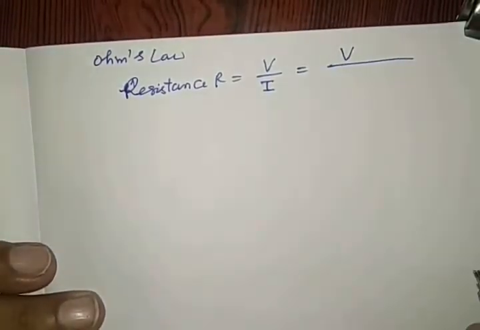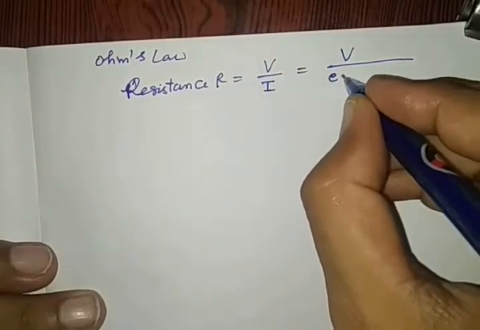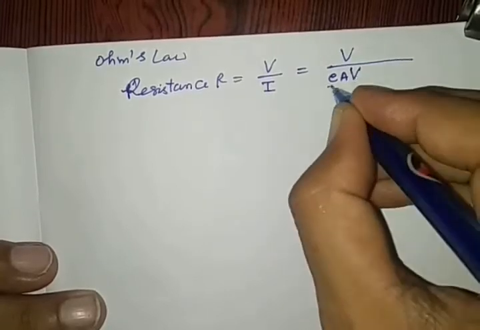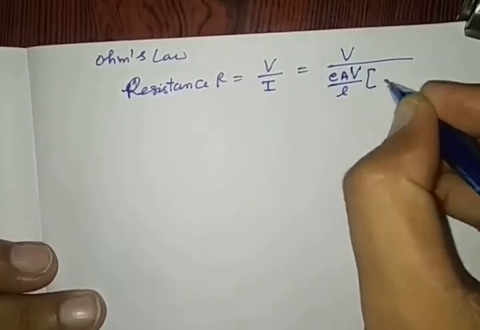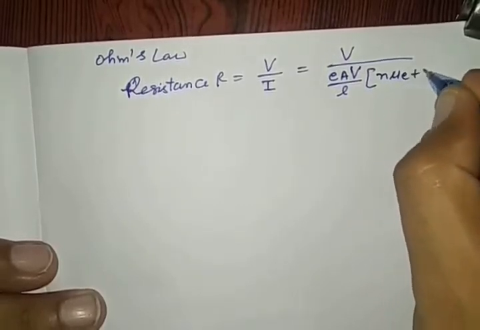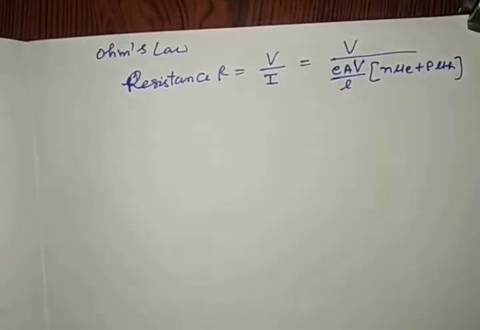this I is e A V by L times (n mu e plus p mu h). We have just defined it. Now see carefully.